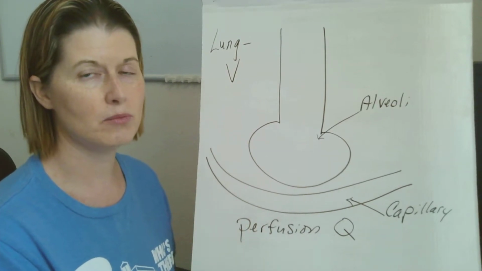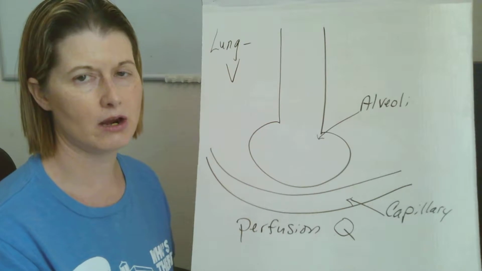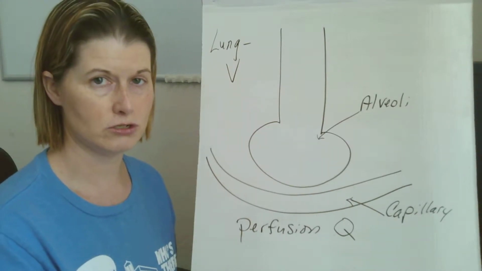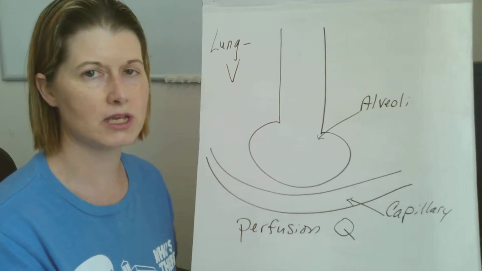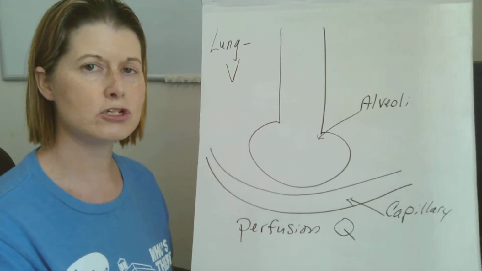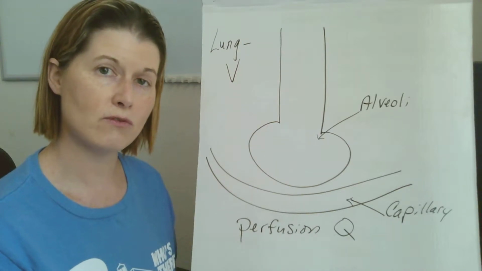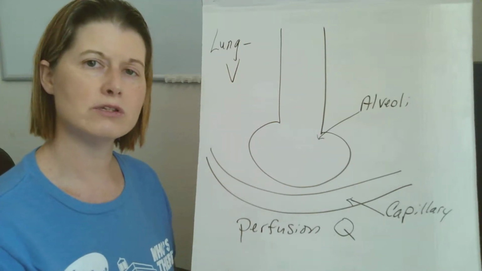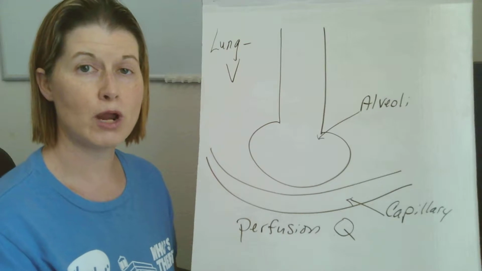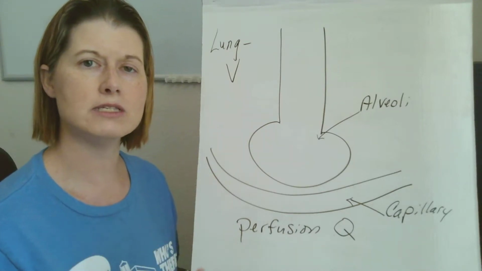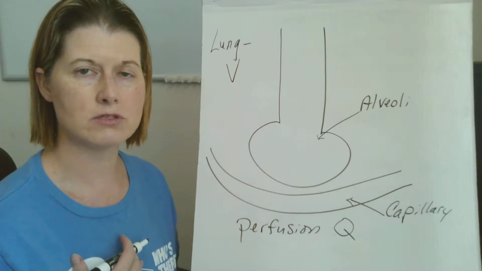It's fairly simple, but it's going to really help your nursing care when we're talking about lung issues and perfusion issues. And you know that if you don't perfuse something, it dies. So perfusion is one of the most important things that we look for. It's one of the things that we assess for. Think about when we're assessing perfusion of the brain, we're looking at level of consciousness. Perfusion of the lungs, we're looking at SAT, we're listening to lung sounds.